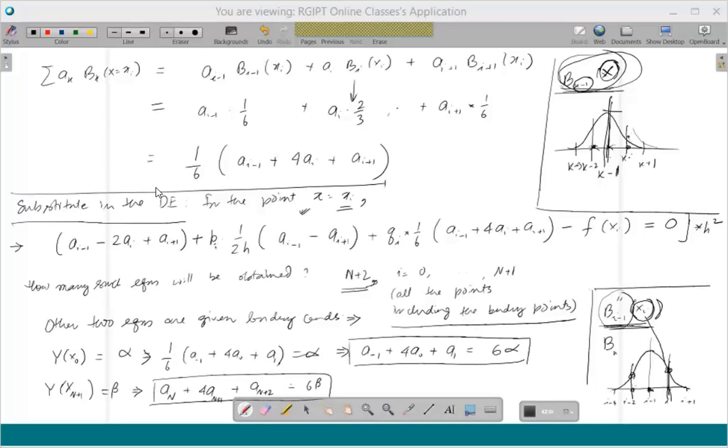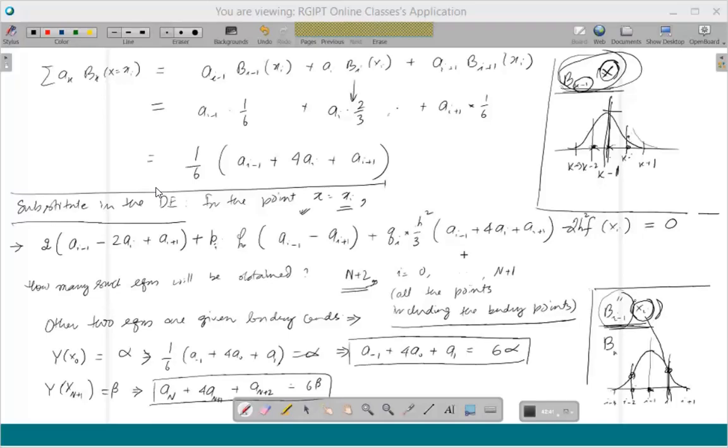So I multiply with 2h square everywhere, and this would be x square by 3.